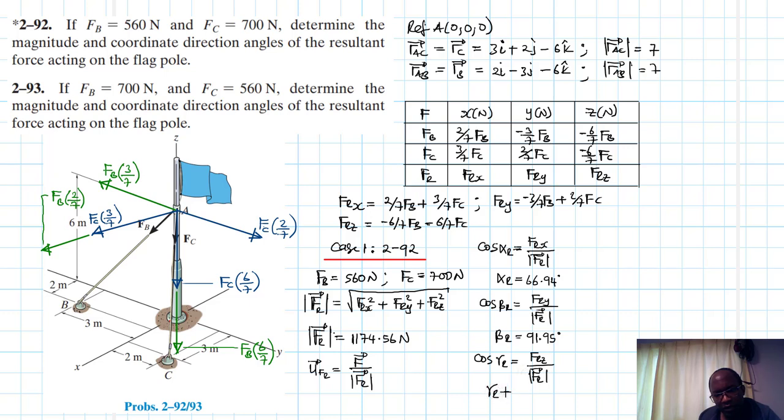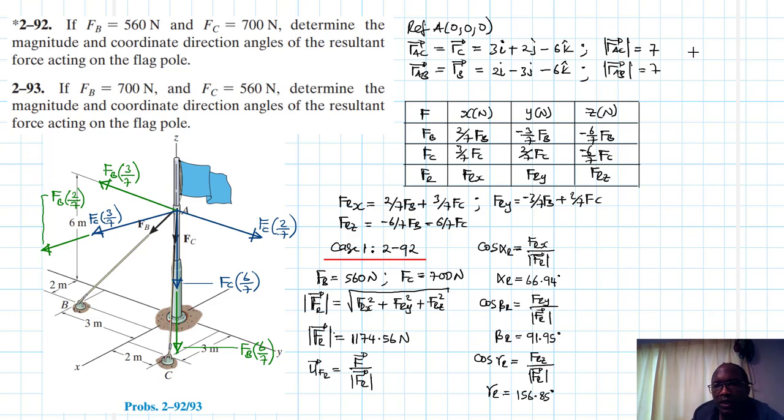Therefore, gamma R is just going to be equal to minus 6 divided by 7 times 560 plus minus 6/7 times 700, close bracket, and divided by 1174.56, and cos inverse of that, we have 156.85 degrees. So we are done with the first part.